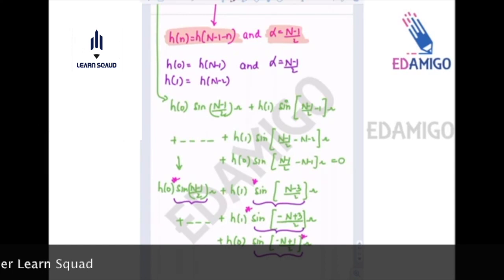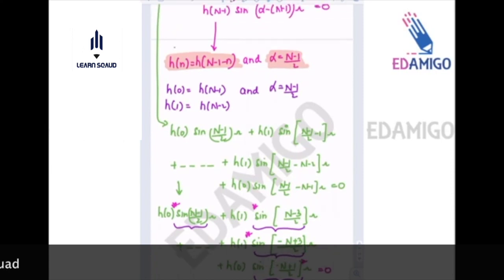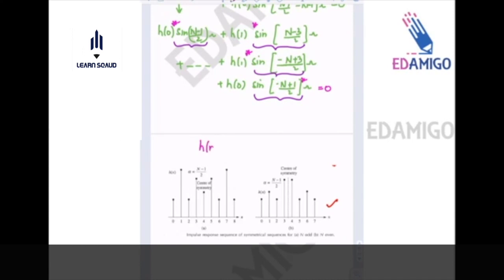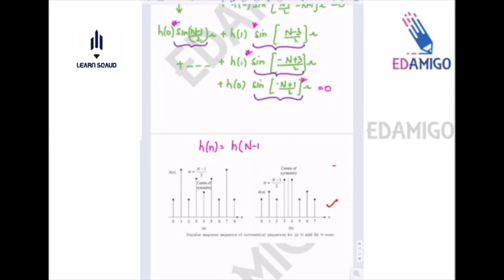The third term will cancel the third last term, and so on, and this summation will become 0. That was the requirement. So this is the condition for a linear phase FIR filter. What is the condition? That h of n is equal to h of N minus 1 minus n.